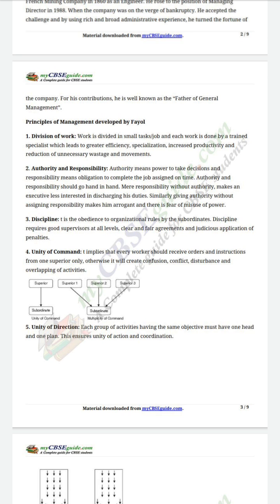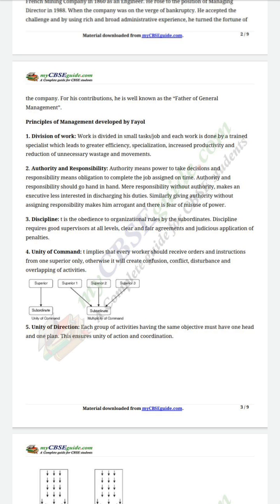Only if you have thorough knowledge of these principles will you be able to find out which principle is followed in the case study. Questions like that will arise in the case studies.